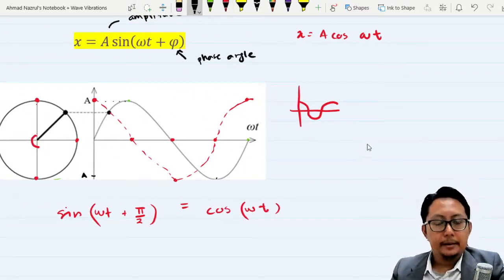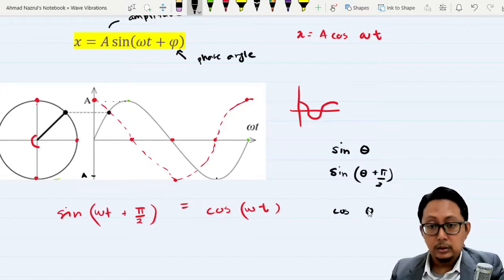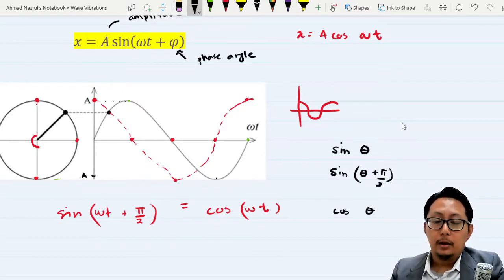For sine, for example, we put theta, sine theta, sine theta plus pi over 2, and how about cos theta?